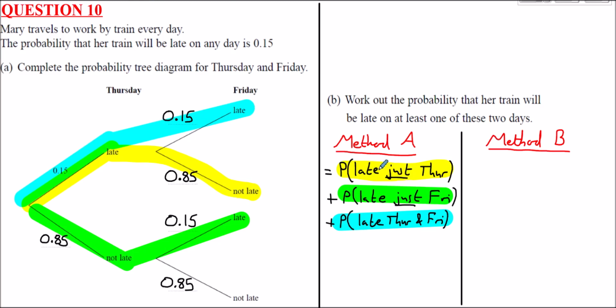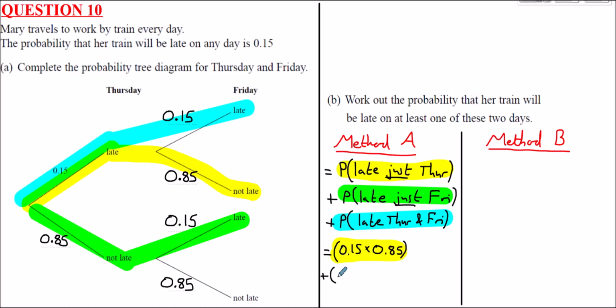So late on just Thursday, the numbers we multiply as we go along. So late Thursday and then not late Friday would be 0.15 multiplied by 0.85, just by multiplying these 2 numbers together. Or, of course, it could be late just Friday.